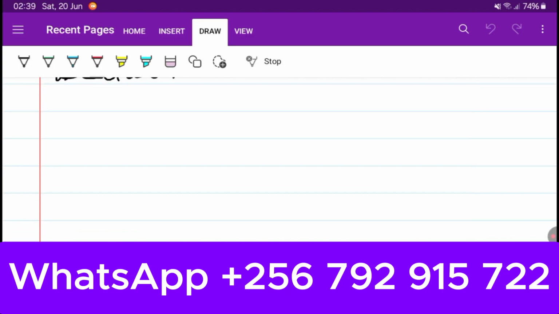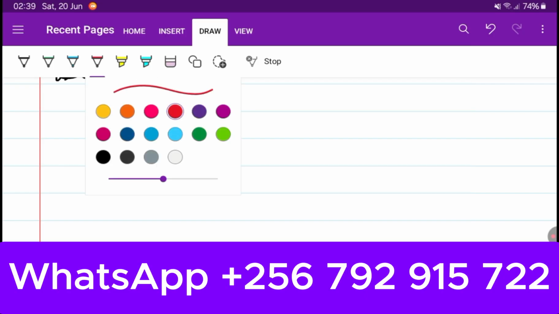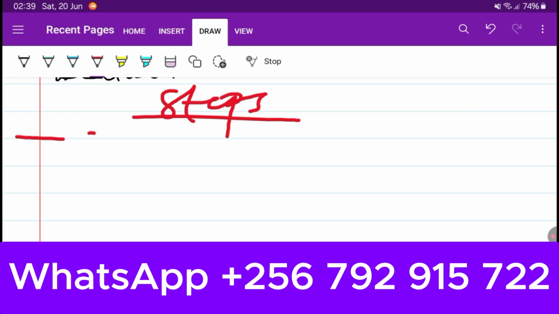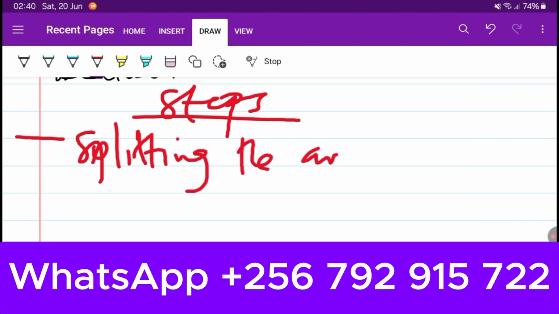So what we do is that we use the following steps. Of course, it also has steps that we follow. One of them is splitting the area into regions.